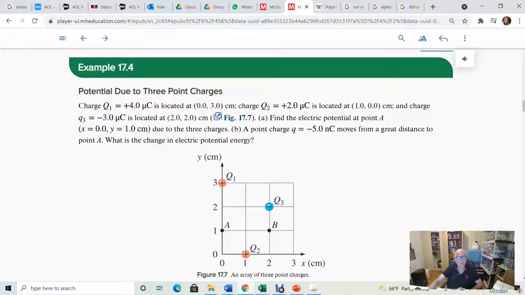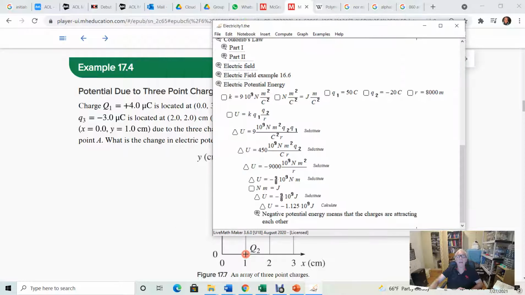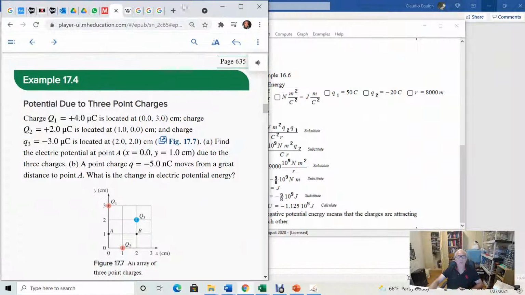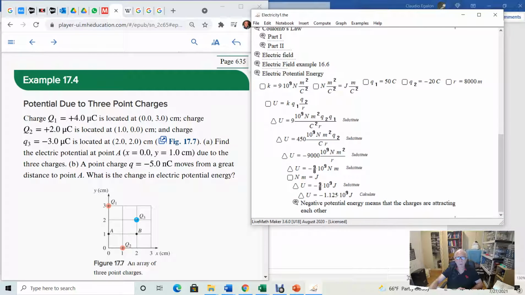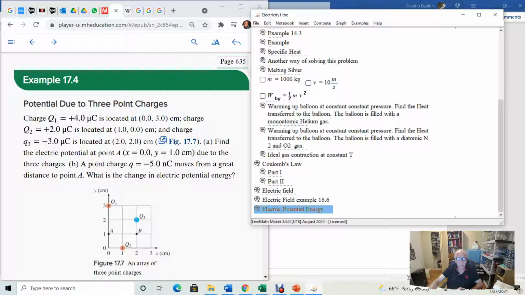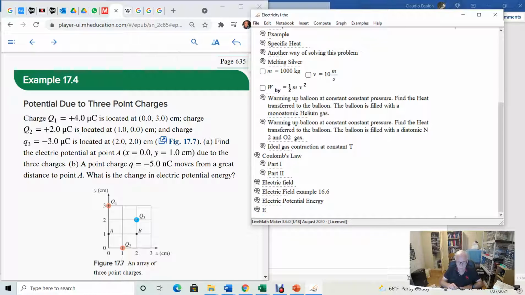Charge Q1, 4 microcoulombs. Charge Q2, 2 microcoulombs. Let's do that here in my software. Let's calculate the electric potential. Q1, 4 times 10 to minus 6 coulombs.